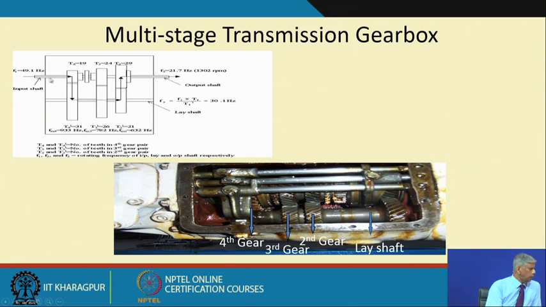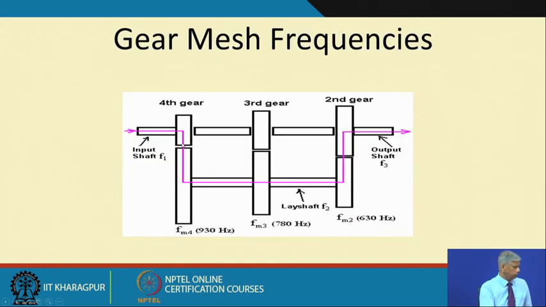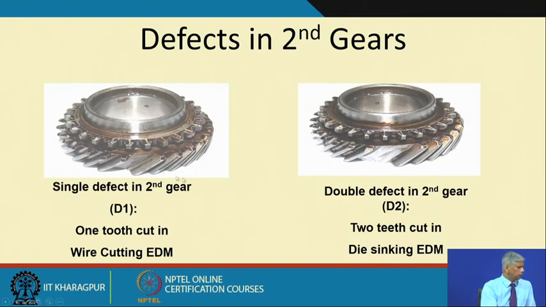If the supply speed is 49.1 hertz at the input shaft, when we are running in second gear, the second gear output shaft comes out to this, and the gear meshing frequencies etc. are given here. When it is running in this gear, the gear meshing frequency is 630 hertz, and this is how the defects in the gear look.